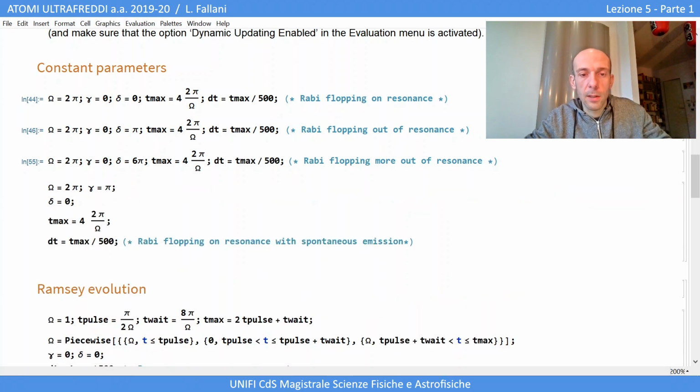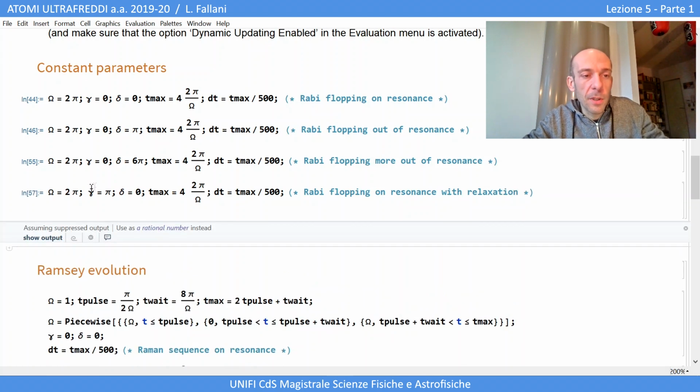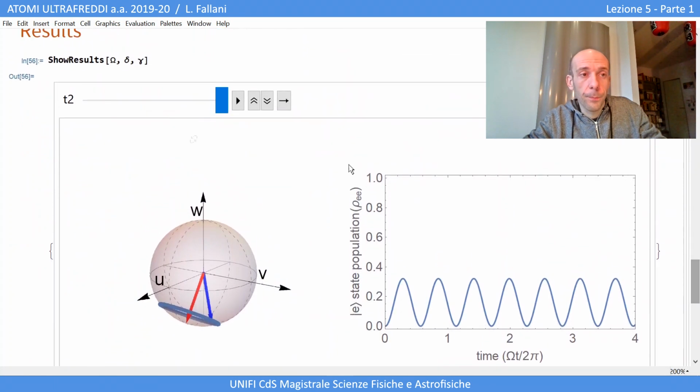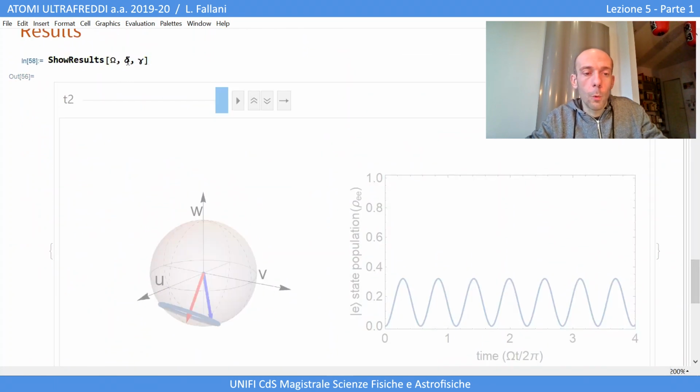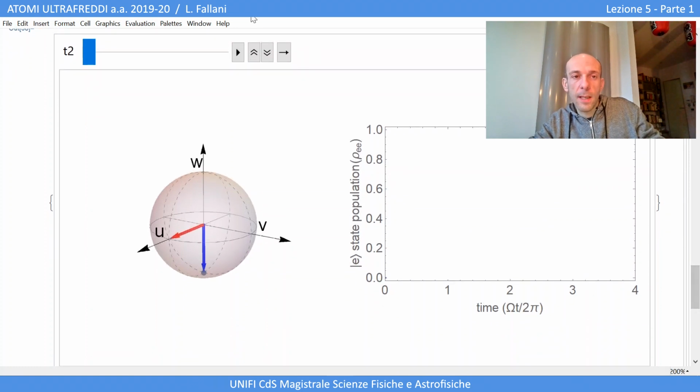So this is the case of a gamma value that is different from 0. So we are on resonance. So now the Rabi vector will point again along direction u, but differently from before, we will have some relaxation.